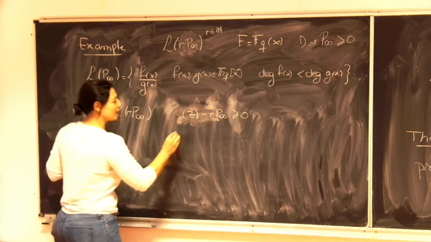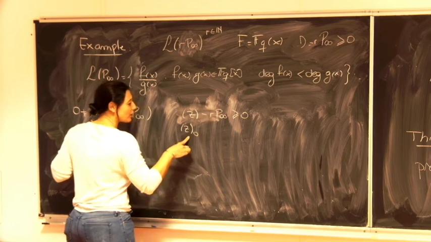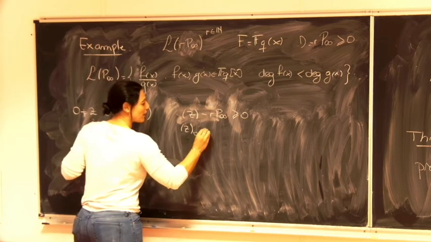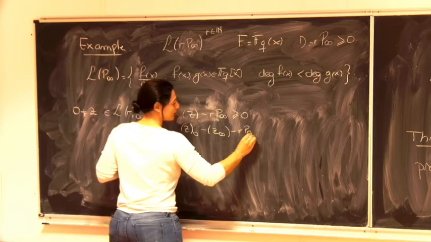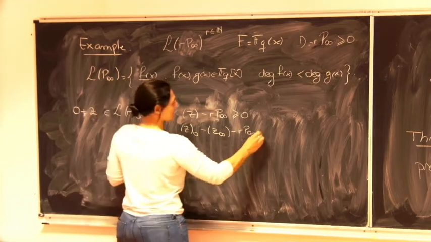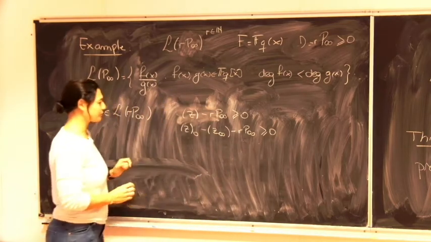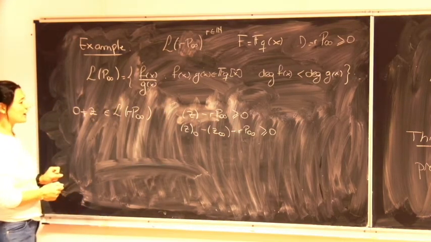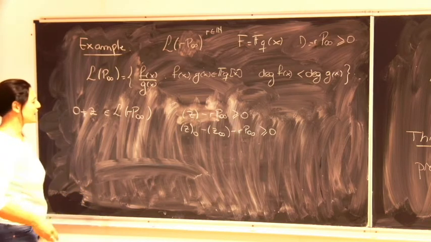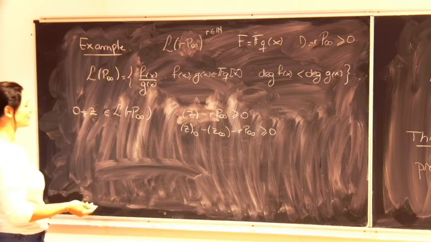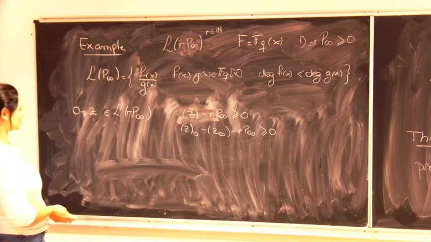In particular, the zero divisor minus the pole divisor minus r P infinity has to be bigger or equal than 0. So actually, what we are saying is that we cannot have, am I writing okay?